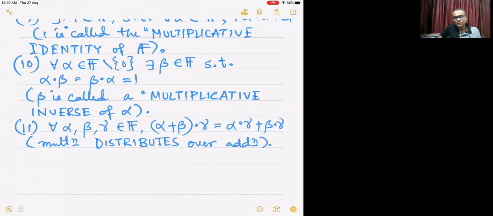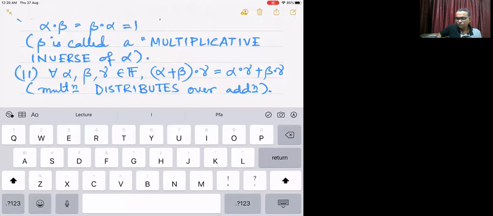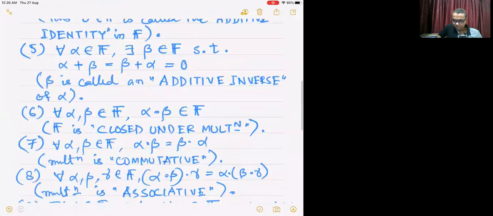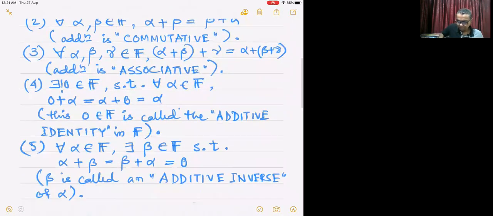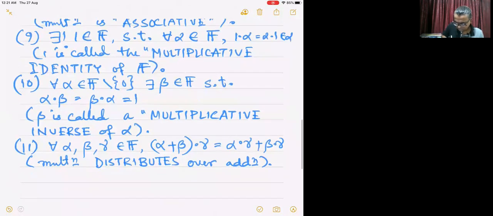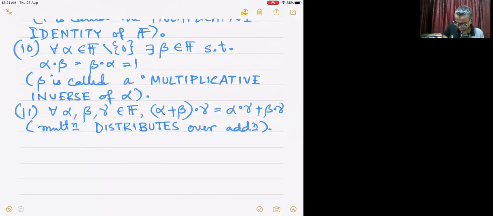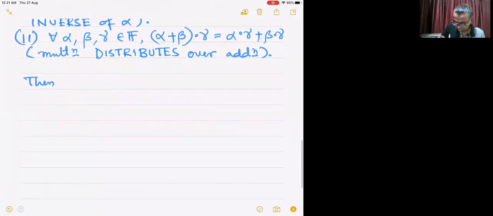Okay, so these 11 properties, when the set F satisfies, let F be a set with two operations plus and dot such that the following hold. So there are these 11 properties that these two operations satisfy. Then actually the notation is F, plus and dot, so that the operations also are clarified, then this is called a field.